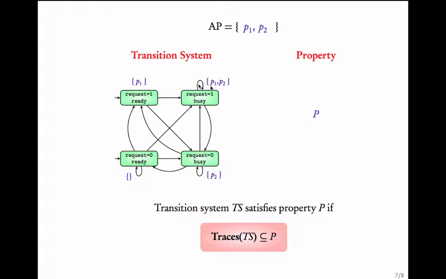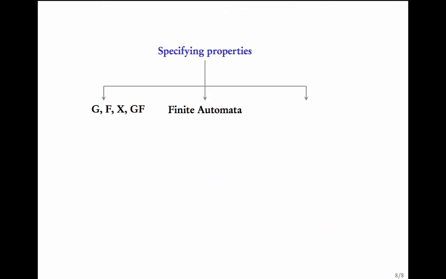Note that the set of all traces is infinite, and the set of all words belonging to this property could potentially be infinite as well. However, the descriptions are finite. Using these finite descriptions, we want to give an algorithm that checks if all traces of this transition system satisfy the property given by this omega regular expression.